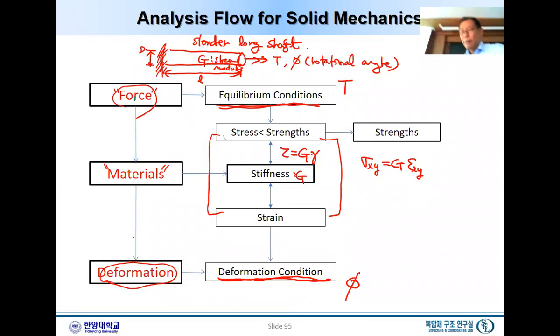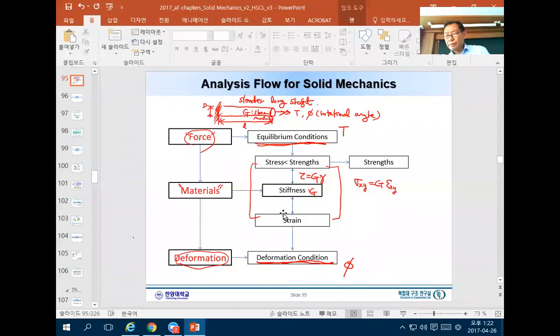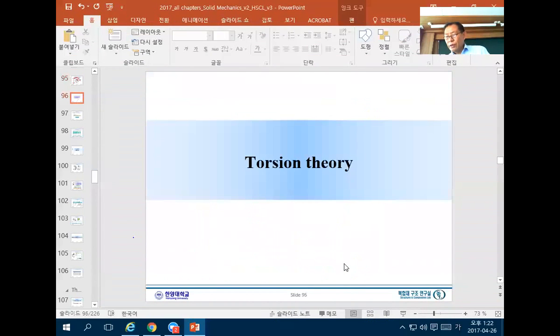Whatever topic or subtopic we are studying in this chapter will belong to this category: equilibrium, stress-strain stiffness relations, and deformation condition. And then we will combine them all and come to the final equations. Okay, so that is called torsion theory.